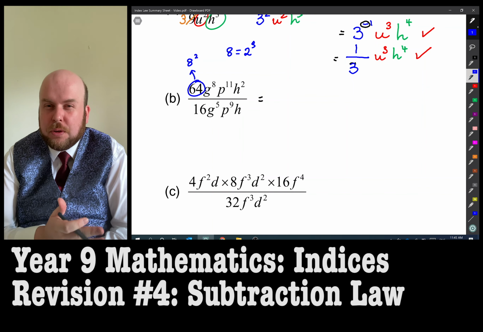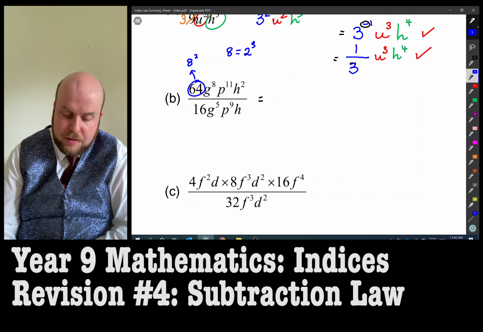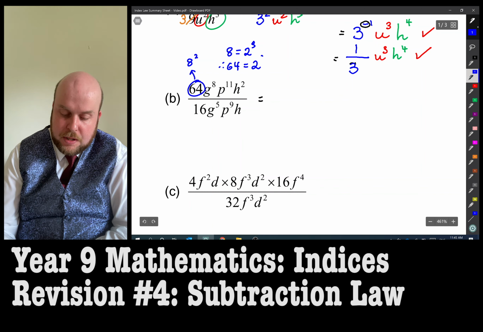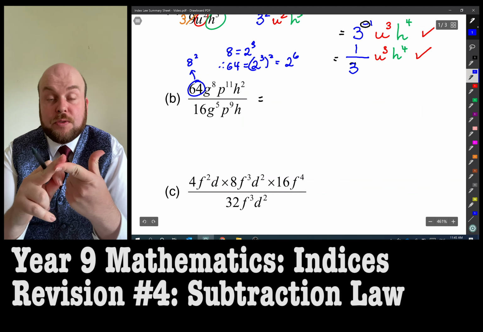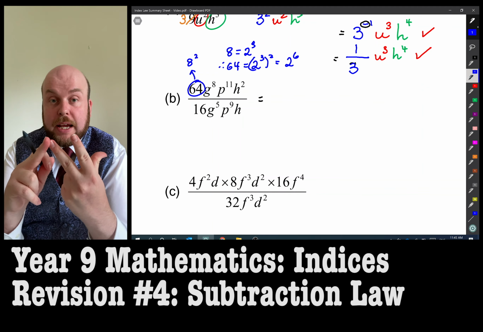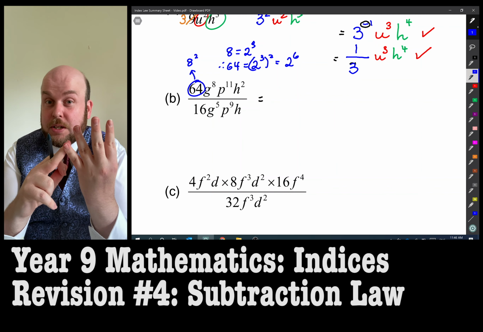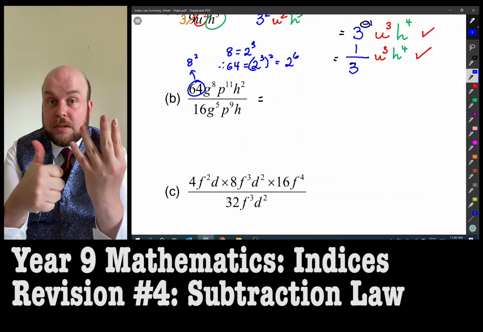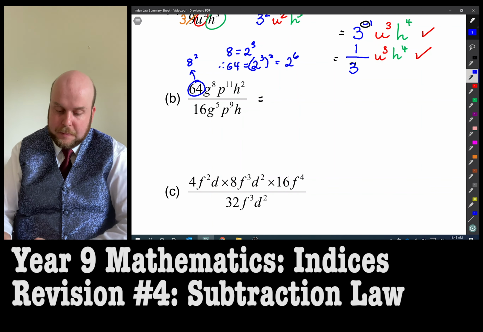So then if I have 2 lots of that, that must mean, therefore, that 64 is 2 cubed squared, or 2 to the power of 6. Because 2 times 2 is 4, 4 times 2 is 8, 8 times 2 is 16, 16 times 2 is 32, 32 times 2 is 64. So that's 2 to the power of 6.